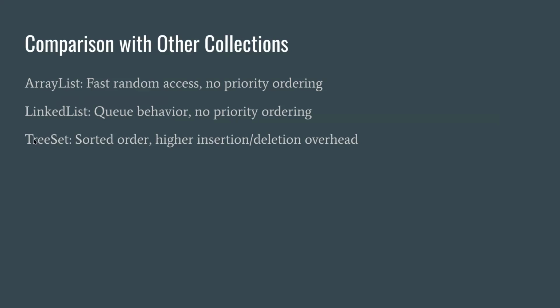A tree set maintains sorted order, but tree set has higher overhead for insertion and deletion operations. So another thing that is different about tree set is, unlike priority queue, tree set ensures that all elements are unique, while priority queue doesn't.